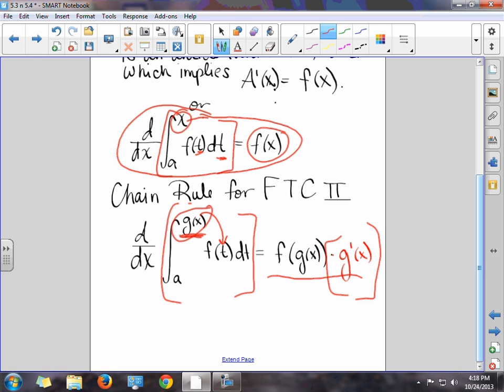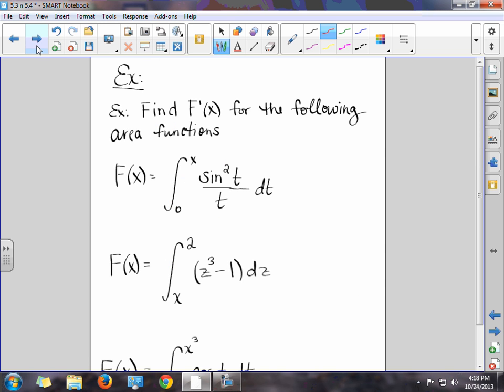So let's try some examples where we work with this second fundamental theorem of calculus. Here, I've given you a couple easy ones. It's really important to read the instructions, because if I just saw this right here, I would probably start scratching my head trying to figure out how to integrate sine squared of t over t, because we really don't know how to do that.